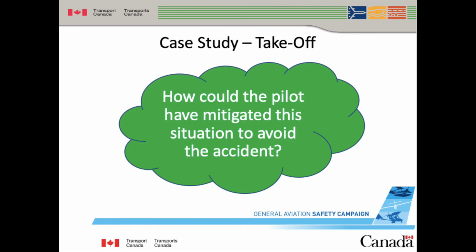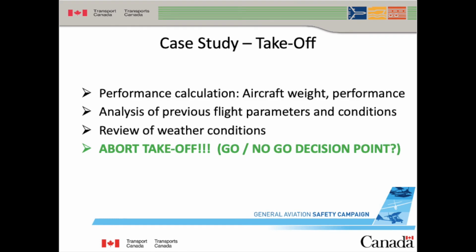And the last question, and again, just think about it for a few minutes, is how could this pilot have mitigated this situation to avoid the accident? Well, I think there's all sorts of mitigations that could have occurred here, but I do see two key ones that may have helped. First of all, were all the factors taken into consideration for the conditions of the day, and was the performance checked prior to departure?